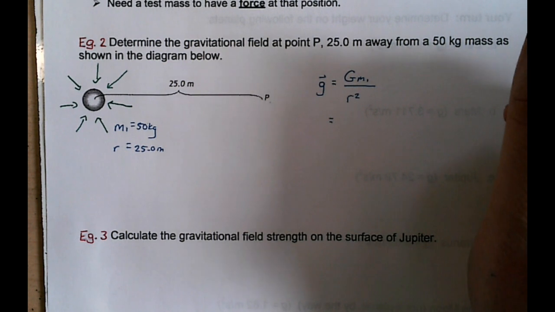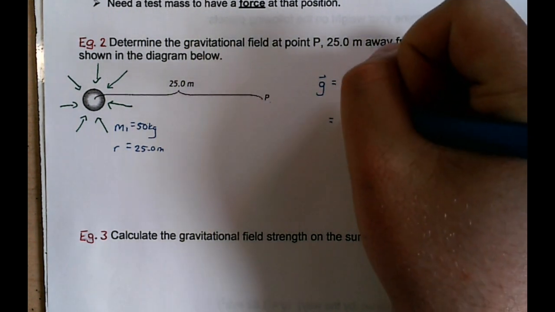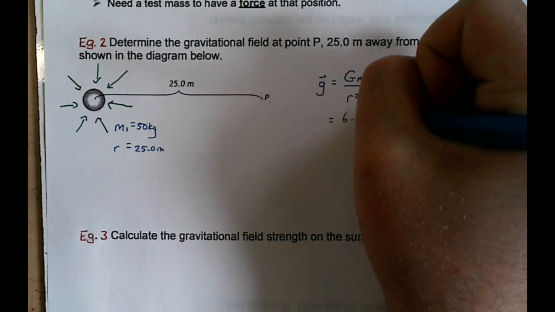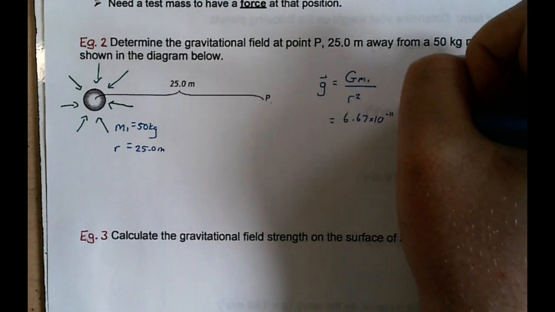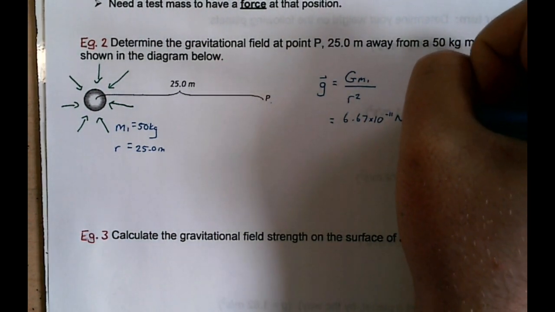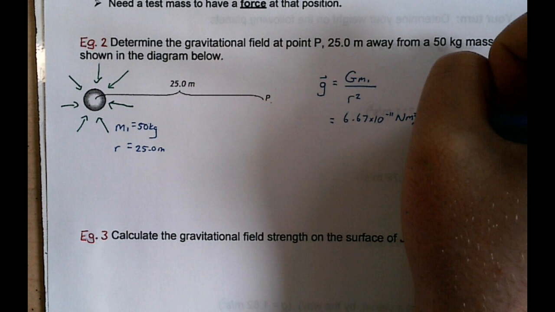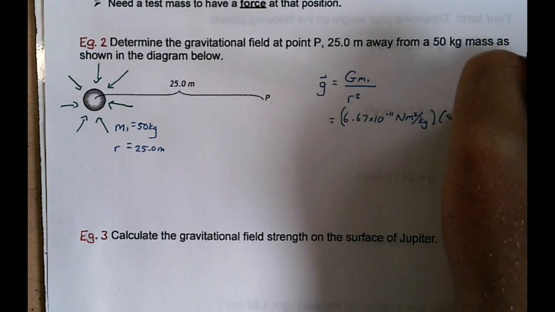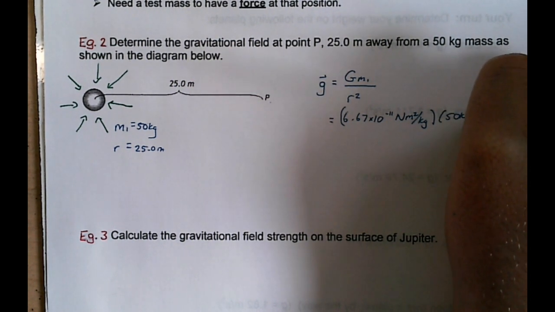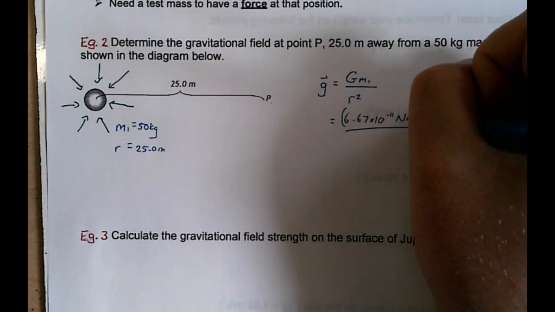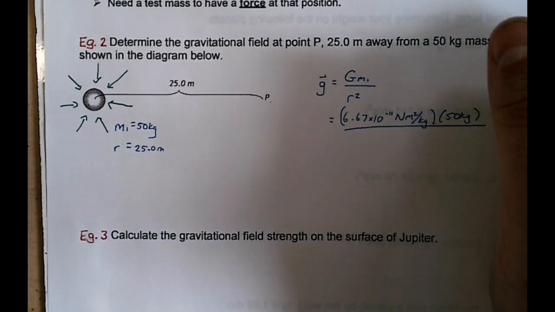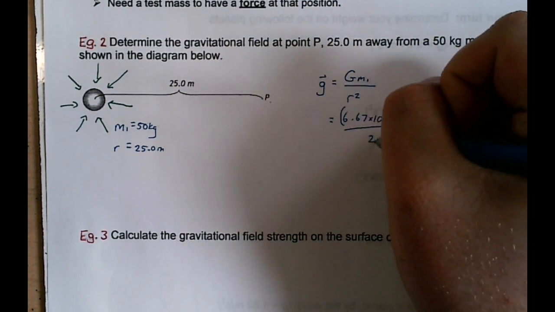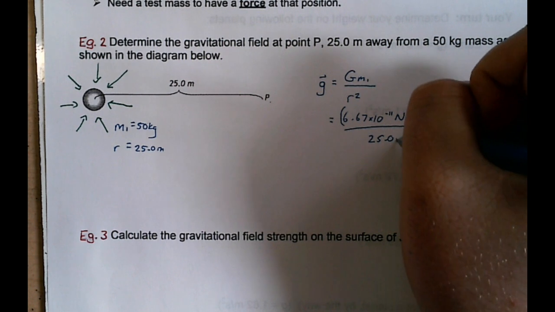So the radius is 25.0 meters squared. When you plug that all in, you're going to get an answer of 5 times 10 to the negative 12 newtons per kilogram. In our picture, again, this is a vector, so we need a direction. This point is going to be pulled towards the object.